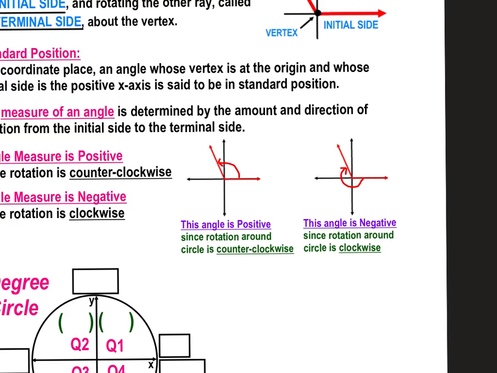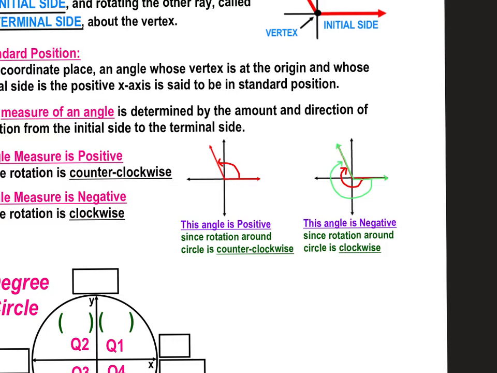This is a really important idea to wrap your mind around. It's positive when it's opening upwards, and it's negative when it goes the other way. For instance, you could see that this terminal side, and I'll draw it in a different color, was right here, and then it moved downwards in a negative direction, and then it ended up on this terminal side.